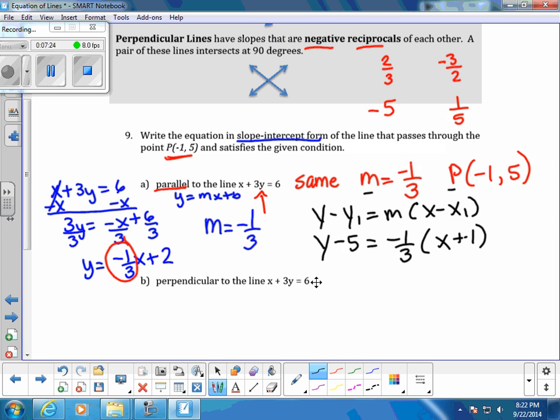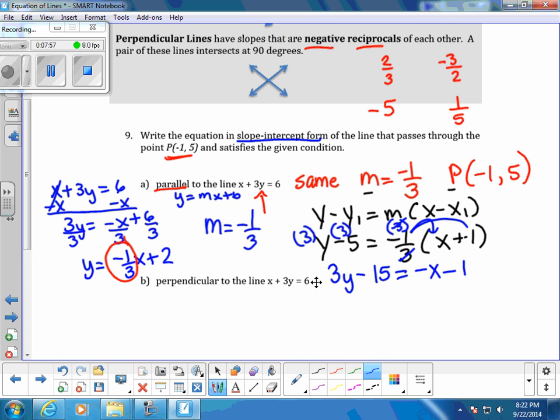Now, I have a fraction in this one, so I want to get rid of the fraction. So I'm going to multiply everything through by 3, because my denominator is a 3. That would give me 3y minus 15. This 3 cancels this 3, and I have negative 1 times x is negative 1x. Negative 1 times positive 1 is negative 1.